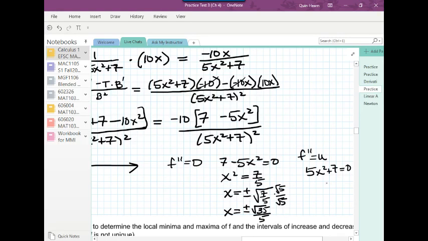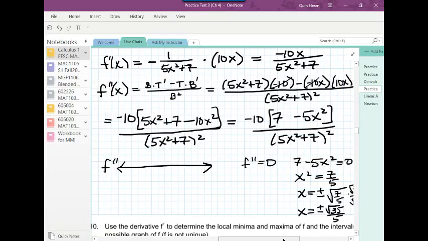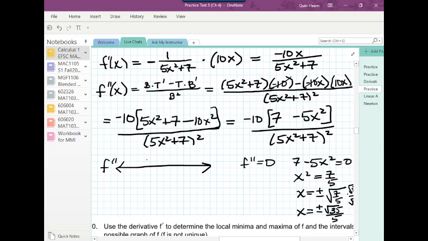So in order for a rational function, one that looks like a fraction, to be equal to 0, that would mean that its numerator would equal 0. And the only way this numerator could equal 0 is if 7 minus 5x squared is equal to 0. So let's go ahead and solve this guy. That's going to give us x squared equals, subtracting 7 divided by negative 5, 7/5.